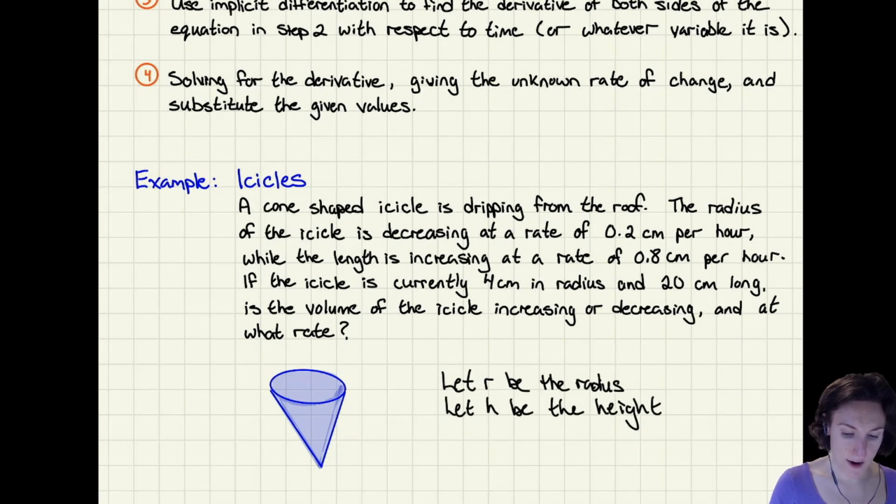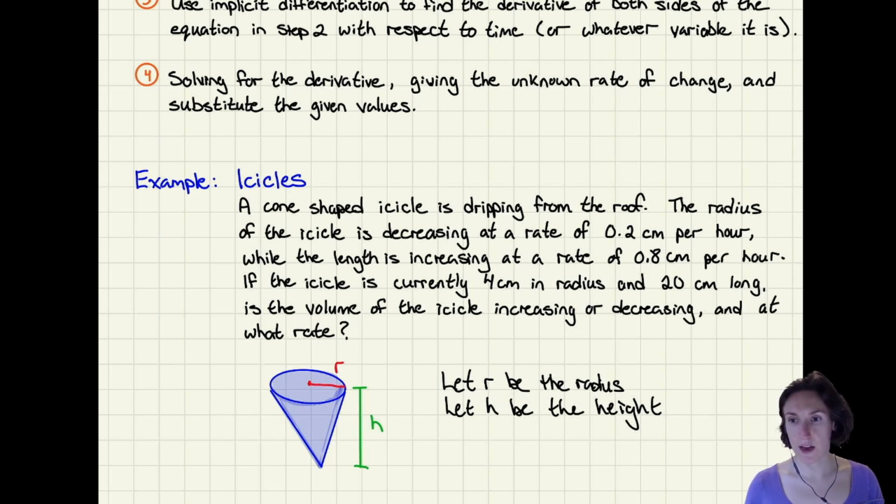And in my diagram here, what I'm going to do is draw this as the height. So this is my H, and then the radius of my icicle corresponds to that value there.